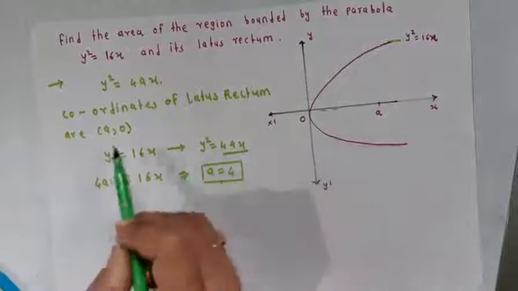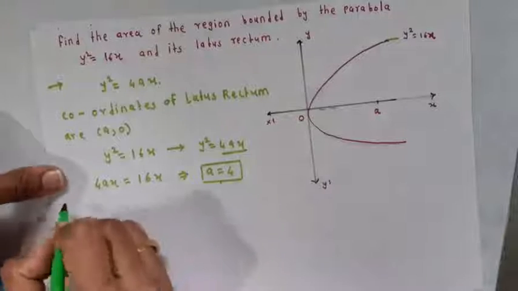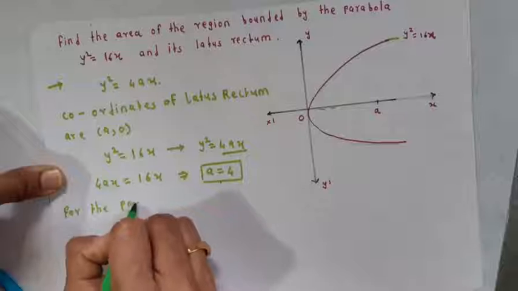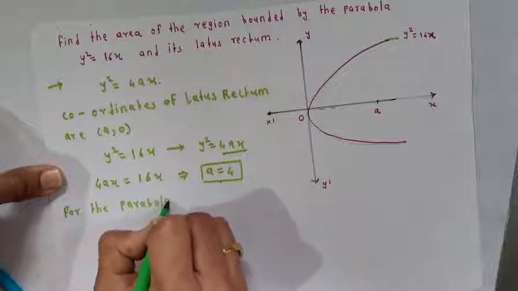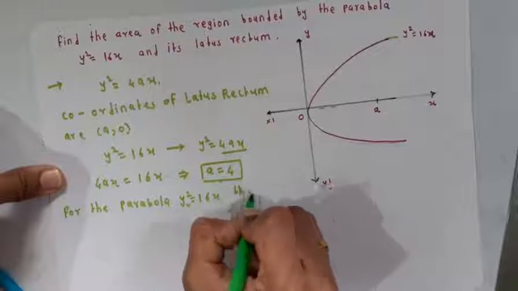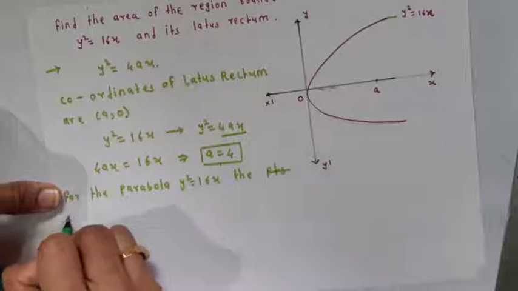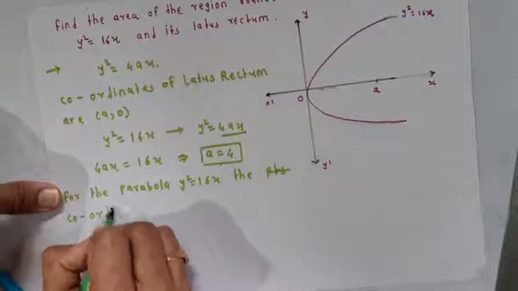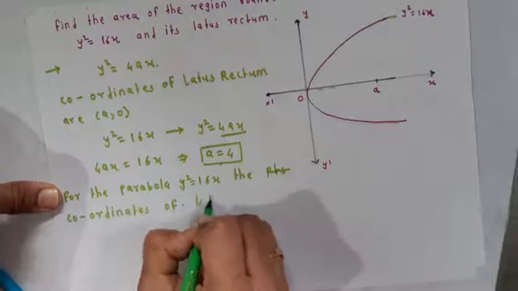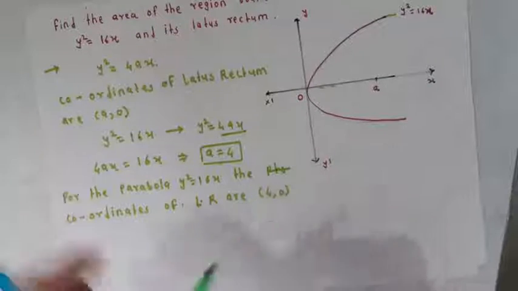So for the parabola y square equal to 16x, the coordinates of the focus are (4, 0).